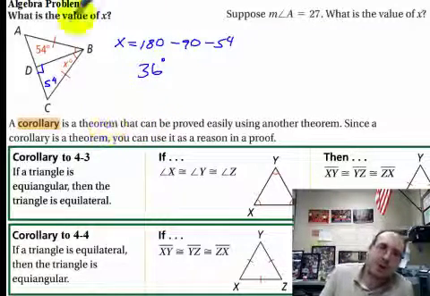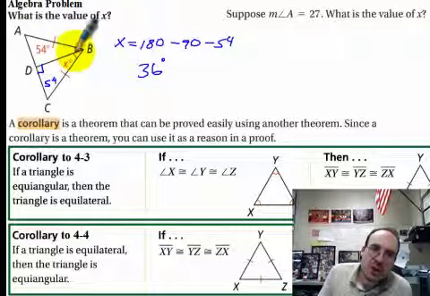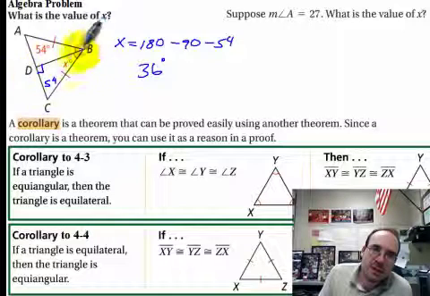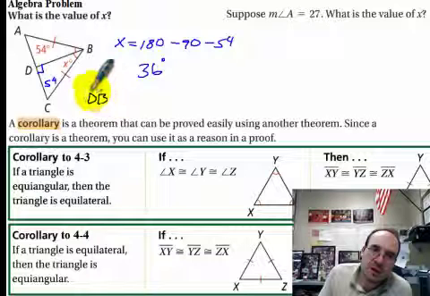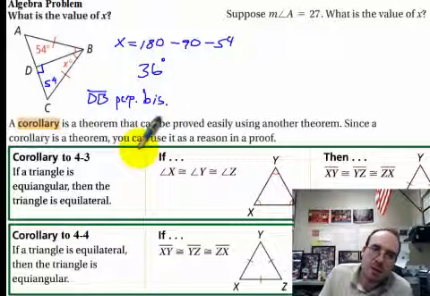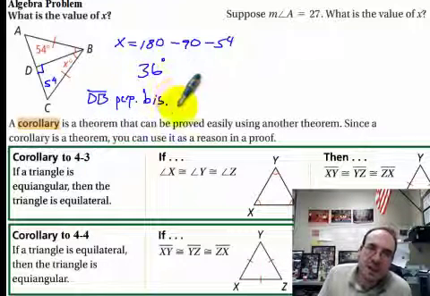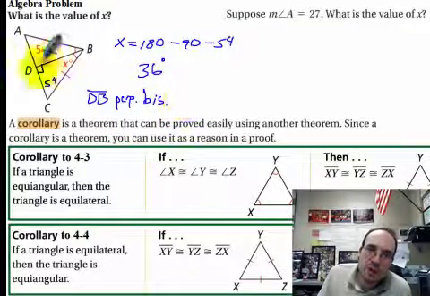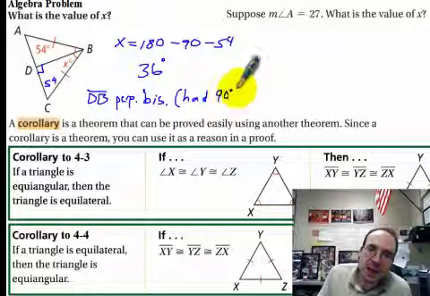So let me outline the steps for you again. Okay? First of all, we knew that DB is a perpendicular bisector. And that meant that we had a 90-degree angle.